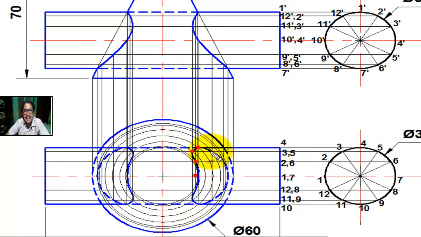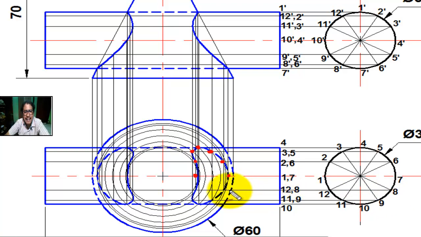From 5 it cuts 5 number circle. From 7 it cuts 7 number circle. From 6 it cuts 6 number circle.